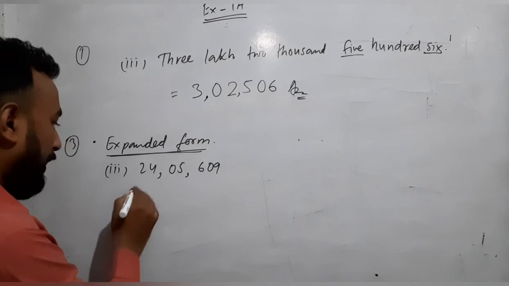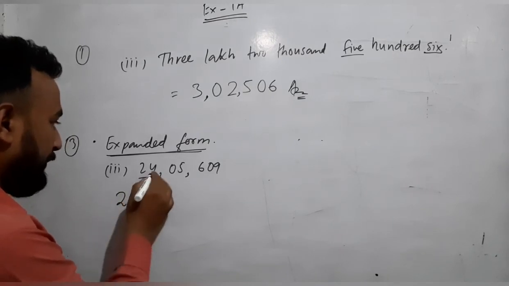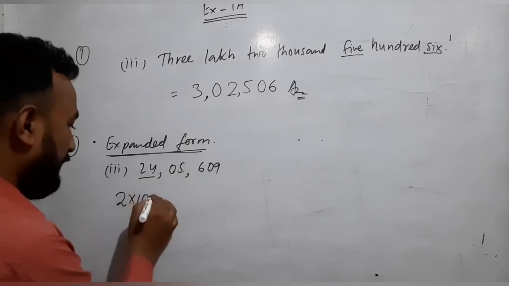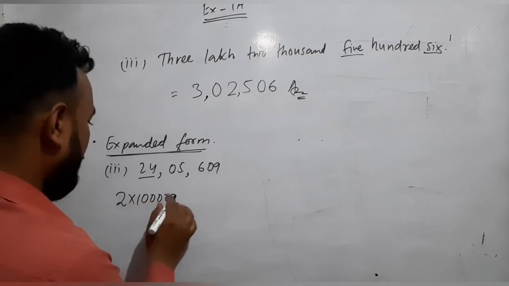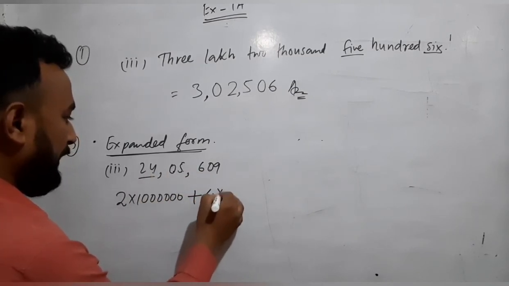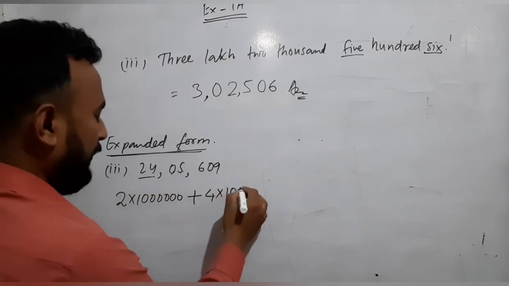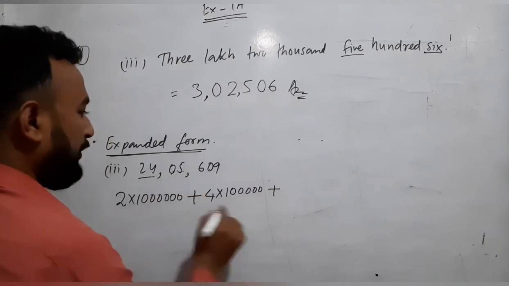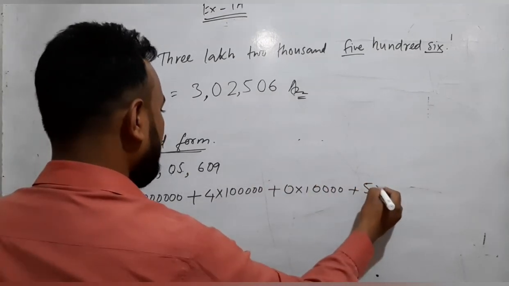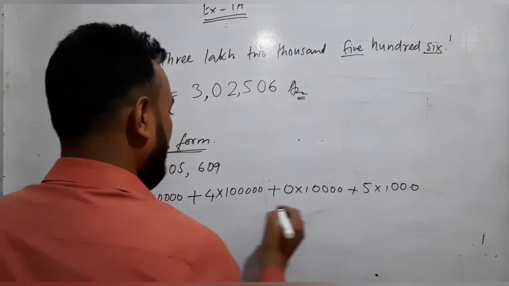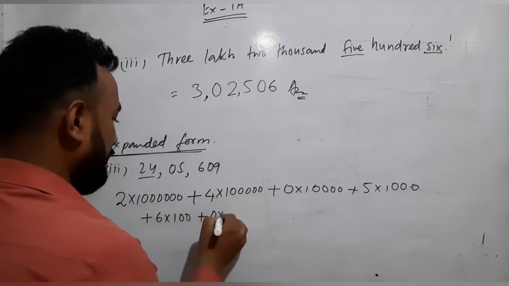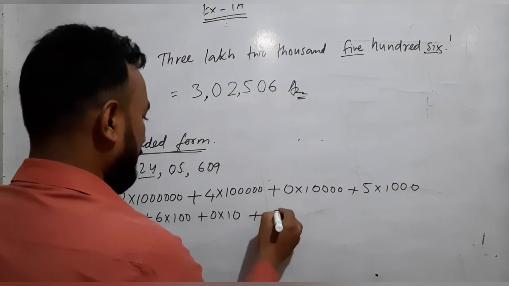Okay, so see here how you have to do it. 2 into 1 and 6 zeros, plus 4 into 1 and 5 zeros, plus 0 into 1 and 4 zeros, plus 5 into 1 and 3 zeros, plus 6 into 1 and 2 zeros, plus 0 into 1 and 1 zero, plus 9 into 1.